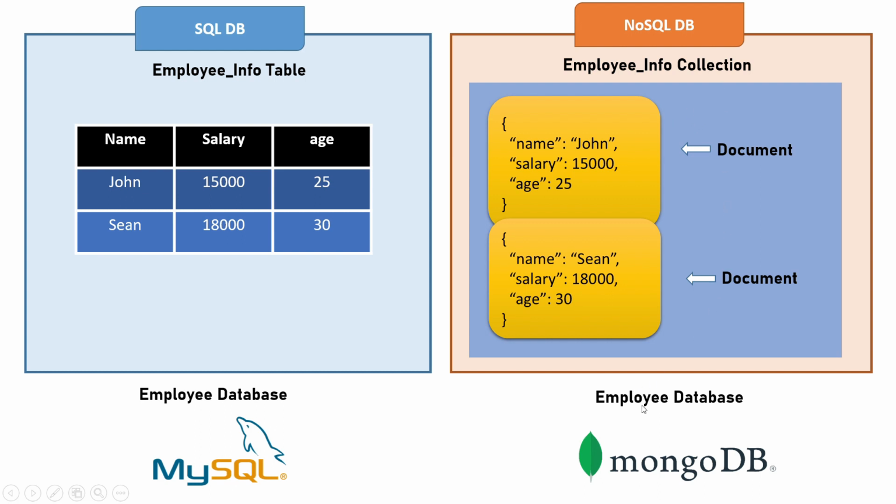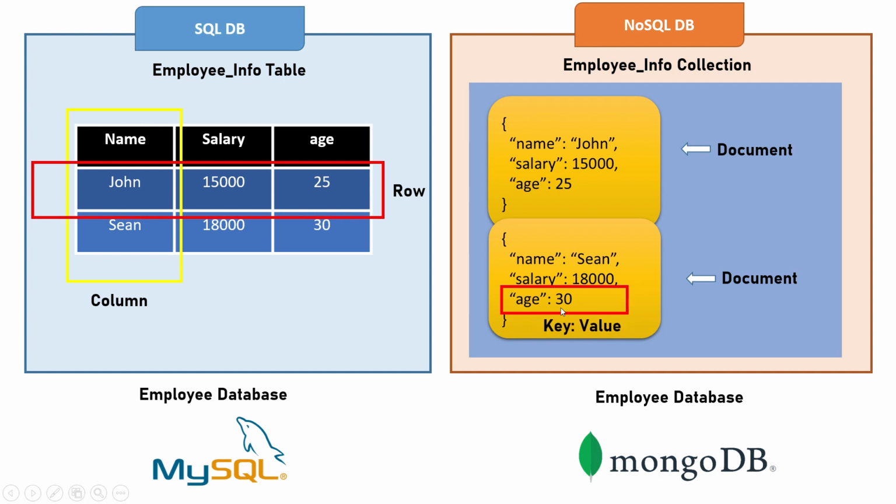In the SQL database we have a table employee info to store the data, and in the table we have some rows and columns, while in the NoSQL database instead of a table we have collections, and the collection name is employee info, and in the collection instead of rows and columns we have documents. So in a NoSQL database records are called documents, and in documents data is stored in the form of key value pairs. So this is how data is stored in these two different types of databases.